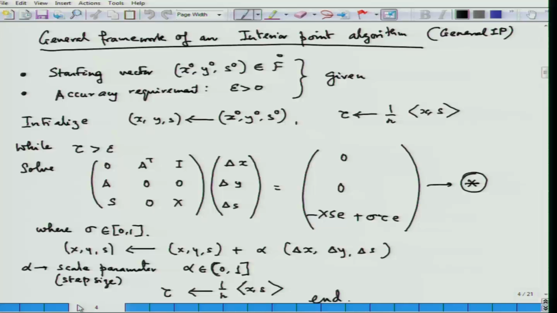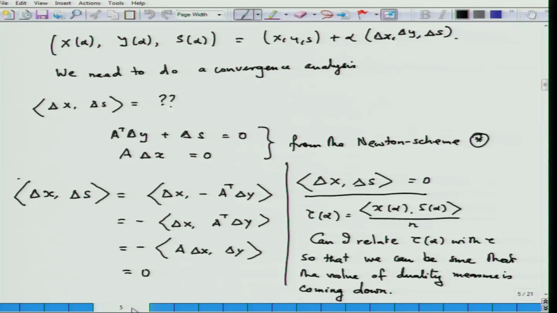This is what we did in the last class: the general framework of an interior point algorithm, where you have a starting point, you initialize the duality measure, and you solve not exactly the relaxed KKT condition, but some little modification of it using the centering parameter sigma. Once done, this is the way you update from a current solution to a new iterate.